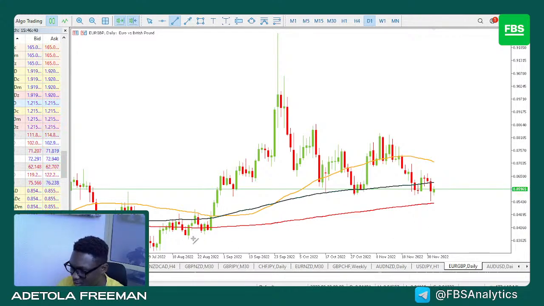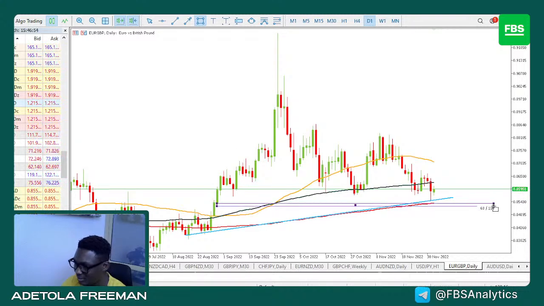I can see that we've had this trend line support over here. There's also this hidden area of demand, a slight area of demand just hiding right over there.